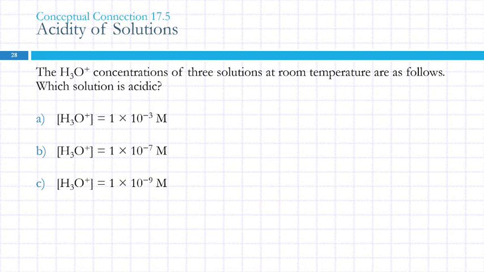So here we have 3 solutions, and we're asked which solution is acidic, and they're giving us the hydronium ion concentrations. What's pure water? 10 to the minus 7. That's neutral, right? So neutral is 7, 10 to the minus 7, so this is not acidic. If it's an acidic solution, is the hydronium ion concentration larger than 10 to the minus 7 or smaller?